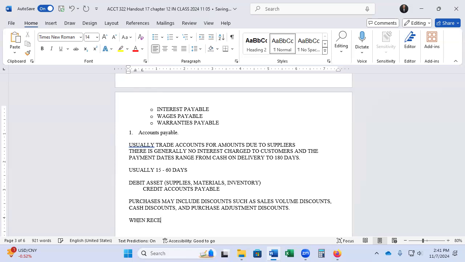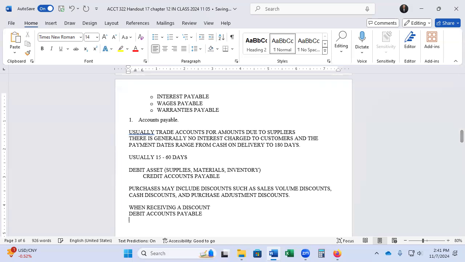When receiving a discount, debit accounts payable, credit cash.